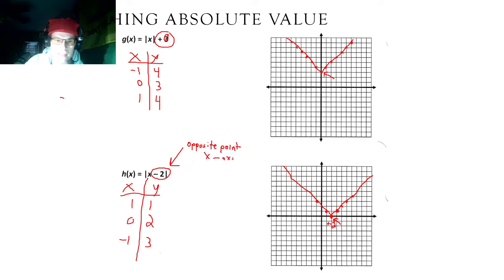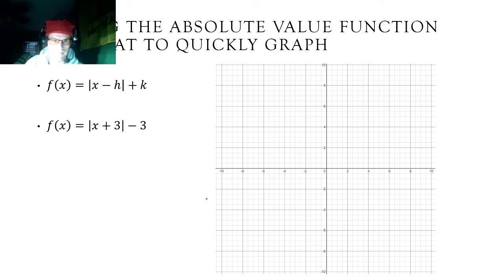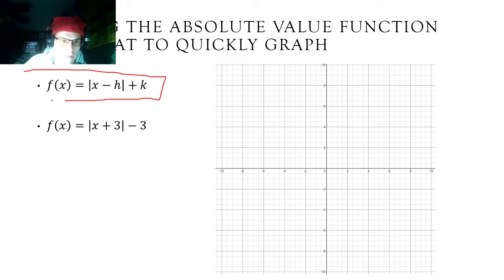That's going to be key to graphing these a lot more easily than just using a t-chart and going through all of the math. You can make it a lot easier for yourself if you know this quicker way of determining absolute value graphs.